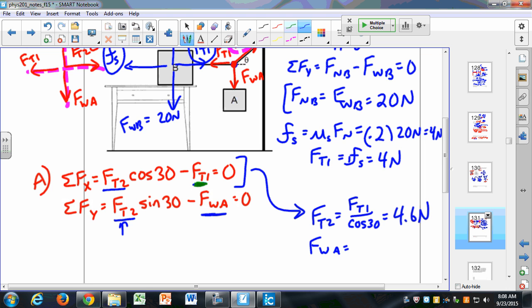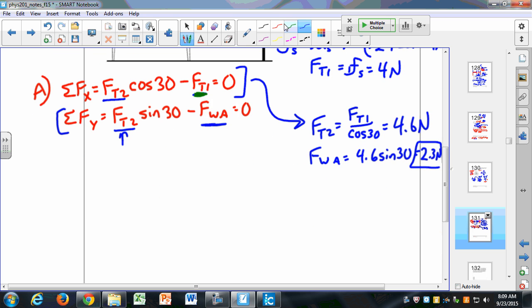I'm just plugging it into this equation and then solving for FWA. So FWA will equal FT2 sine 30, which is going to be 2.3 newtons. Well, heck, I'll just go and write it out. 4.6 sine of 30 equals 2.3 newtons. And then that's the answer. That was a pretty simple system of equations. I didn't have to plug one into the other in order to solve it, though you could see a problem where you do, and we'll work some later.